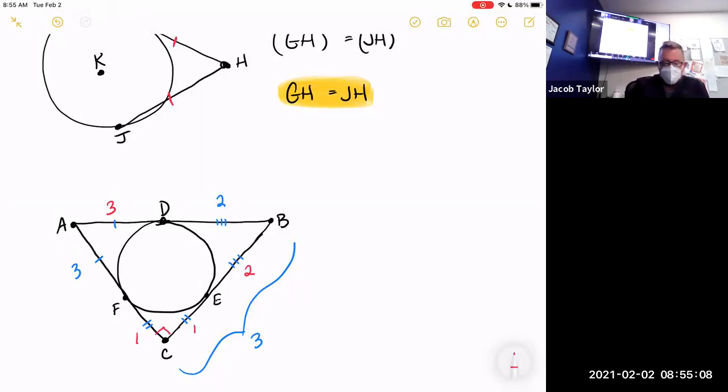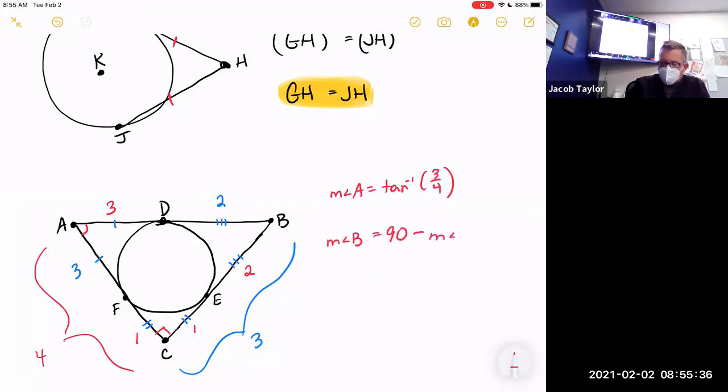And if I wanted to know angle A, I could use inverse tangent, for example, of 3/4, because this side is 3 and this side's 4. So the measure of angle A would be inverse tangent of 3/4. And then once I knew angle A, finding angle B would be really easy. I'd do 90 minus the measure of angle A.